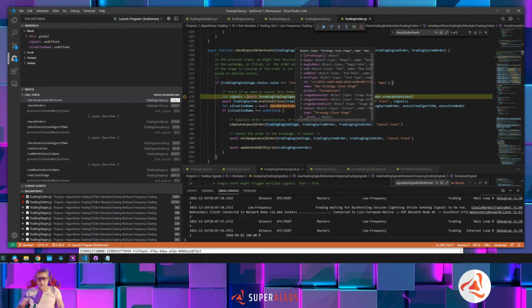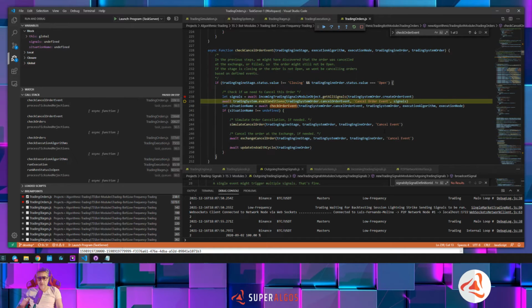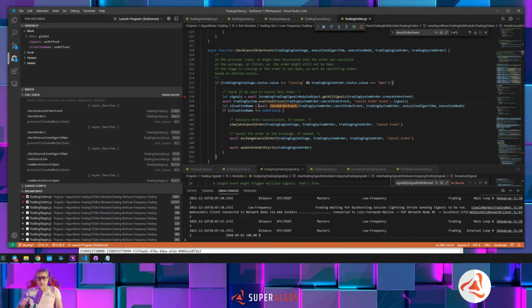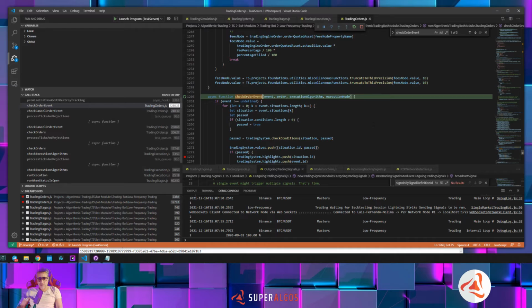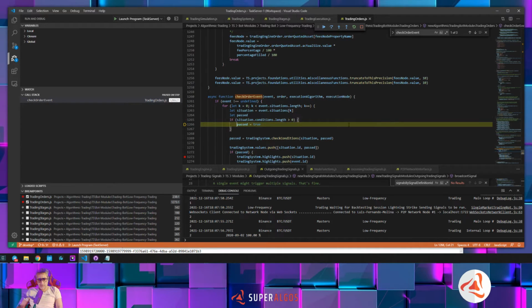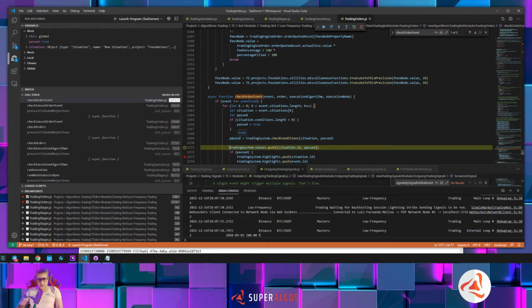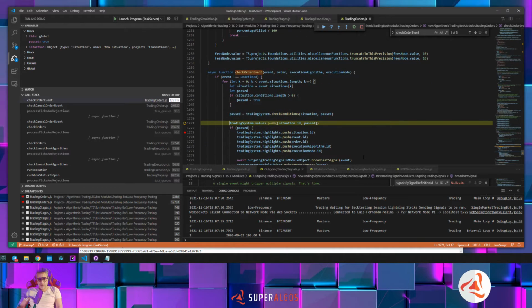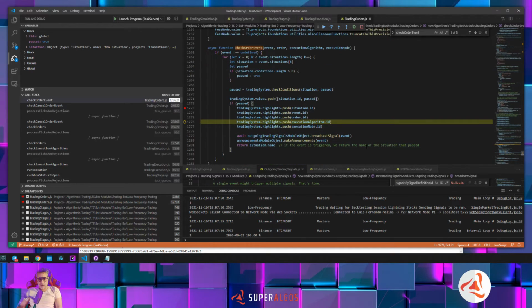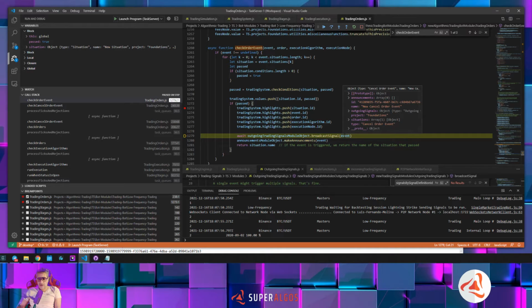So we are at the same place, F10, get inside, pass through. Okay, we are at broadcast. We're going to broadcast the signal, and the event is a cancel order event.